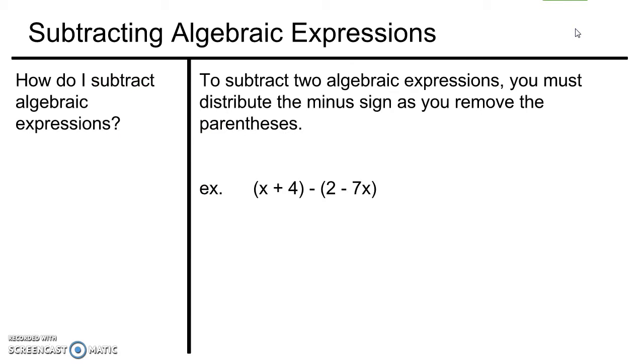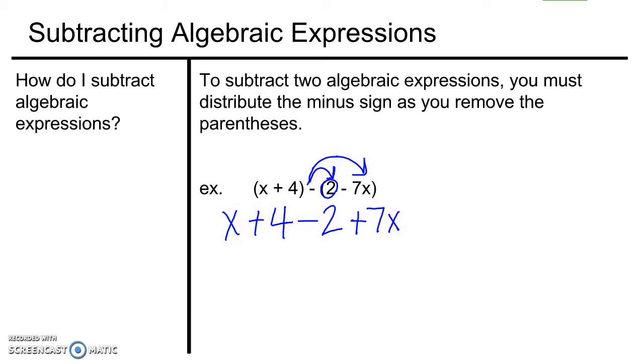Okay, and then subtracting algebraic expressions. Remember, first we distribute the negative sign to the second set of parentheses. We switch the sign of everything in there. Then we combine like terms. So x plus 4 is going to stay the same. But then here, I'm going to distribute the negative, so it's going to be minus 2 plus 7x.